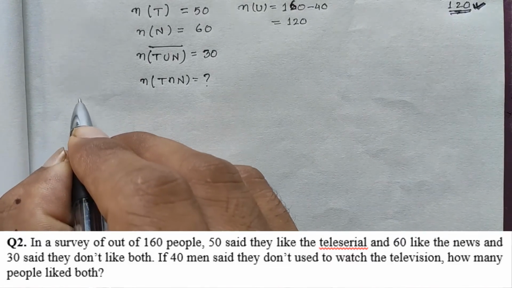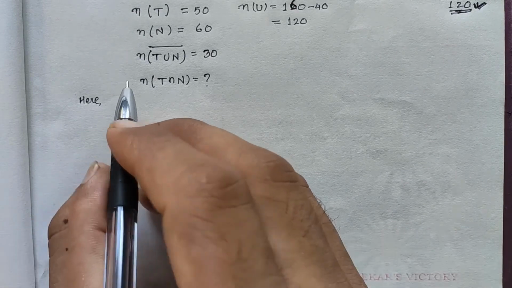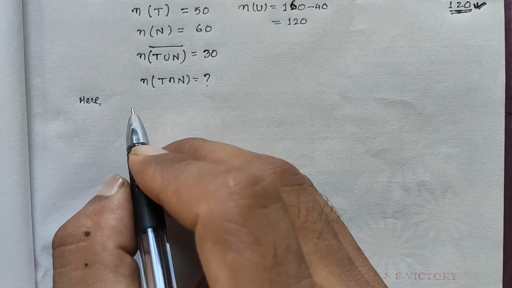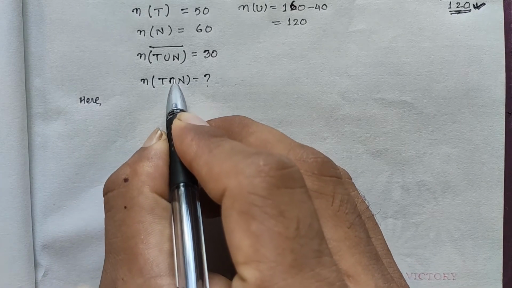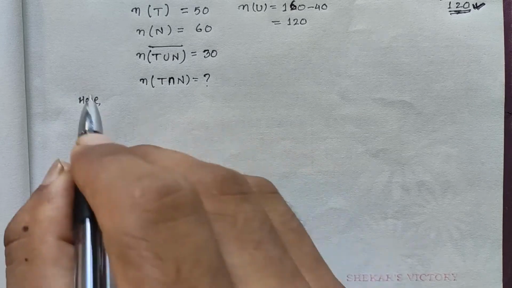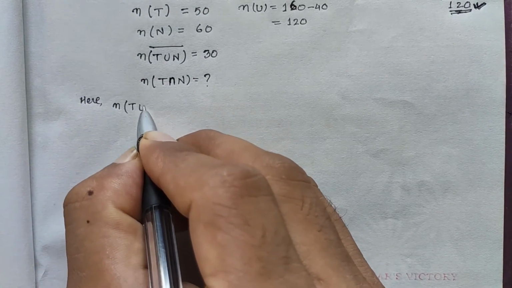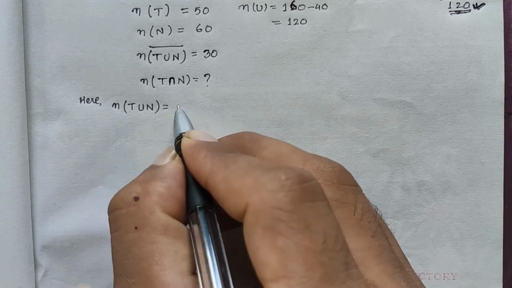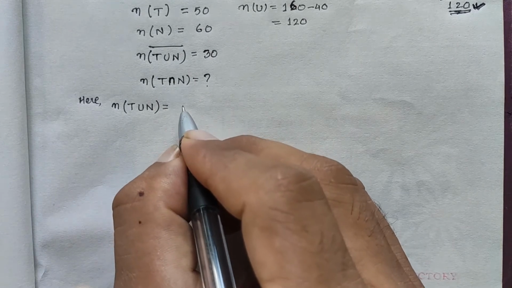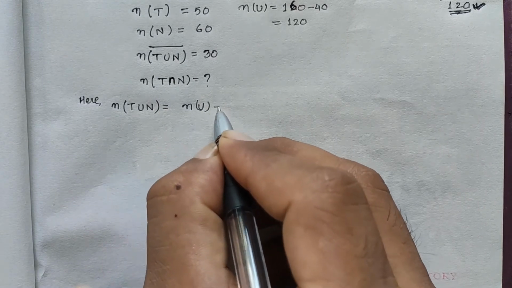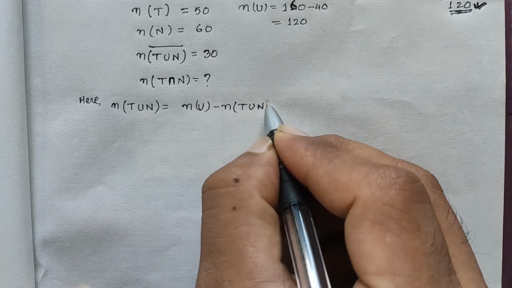Here we can find the union, because in the formula of intersection there is a union, so we will find the union. So T union N is how much? Because the complement is given, we can use the formula of the universal set, NU minus N of T union N complement.